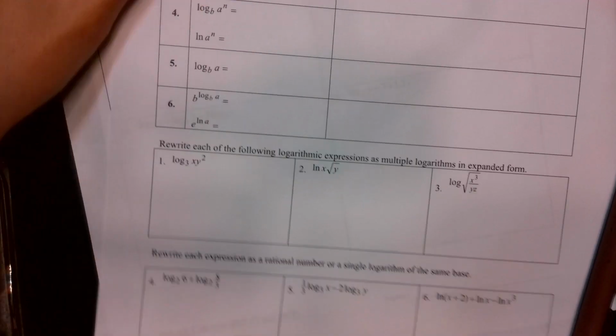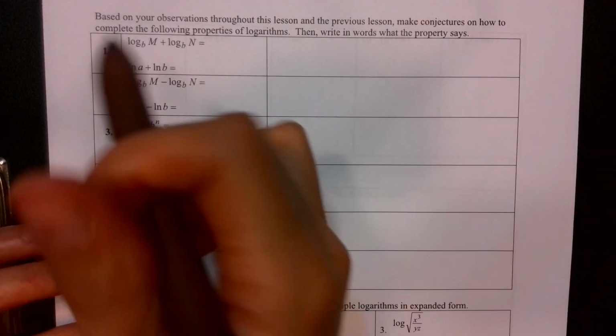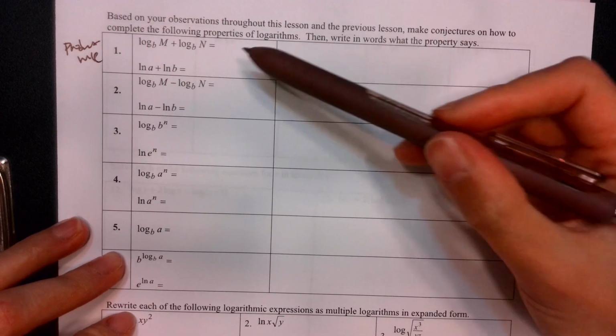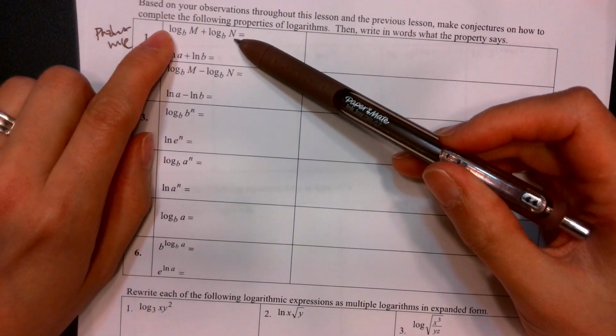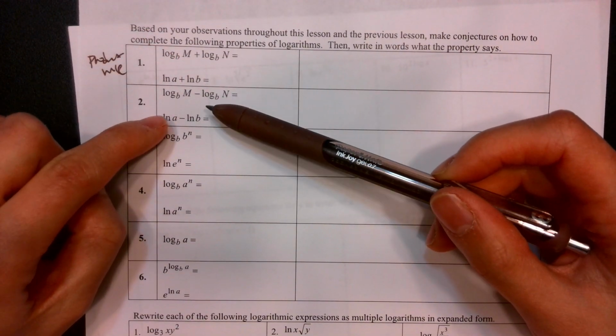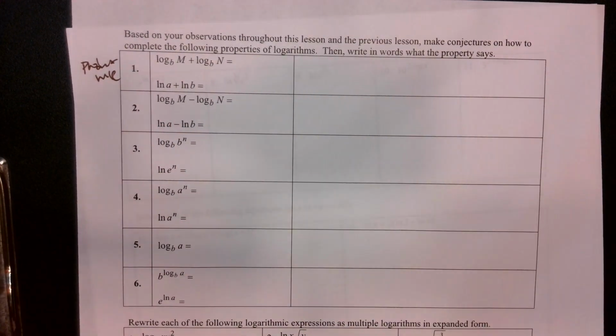Okay, now there are a bunch of properties that are very important. So let's go over that. First thing is called the product rule. And notice all of these exponential rules, if they work for the logarithm, they work for natural log, right? If it works for log, it works for ln.